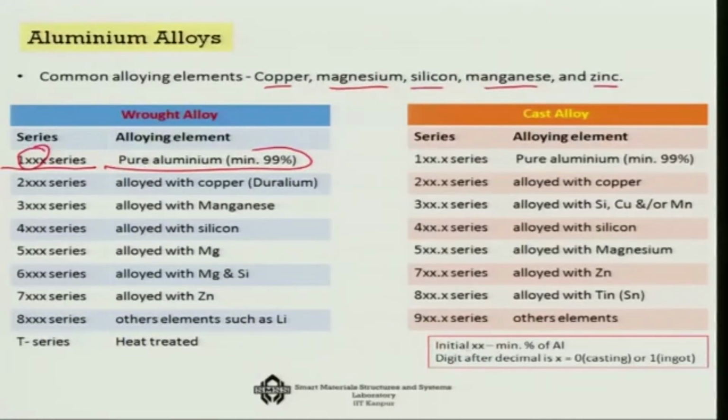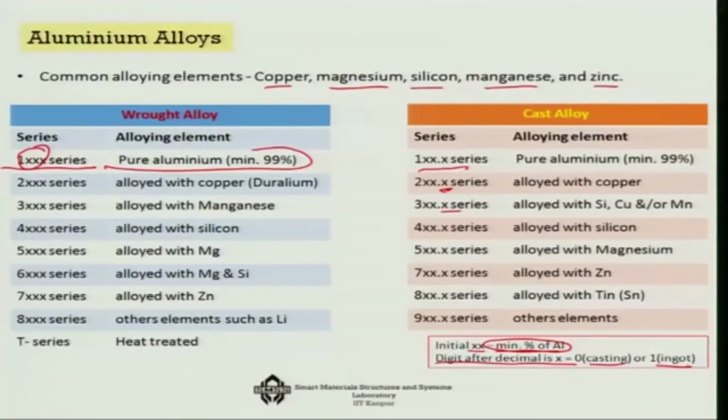The initial digits indicate the aluminum content, and sometimes you will see an XXXX.X series. When you buy it from the market, if the digit after the decimal is 0, that means it is for casting, and if you see 1 there, that means it is ingot. That is the way of depicting various grades of aluminum.